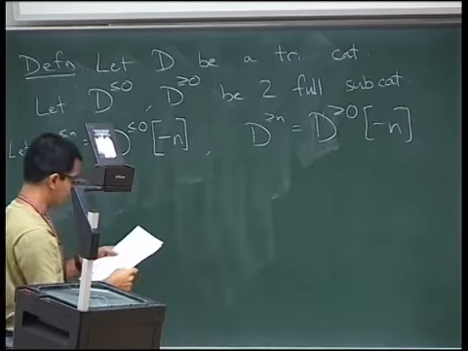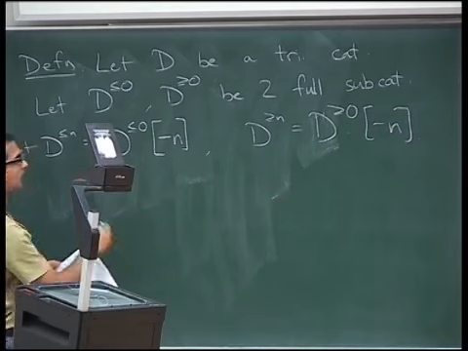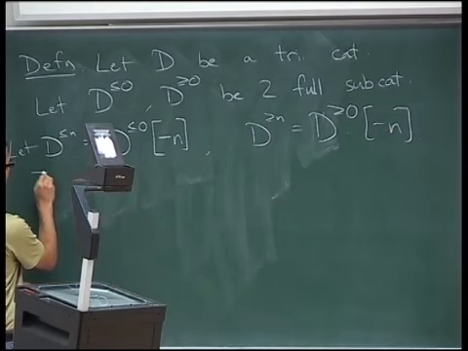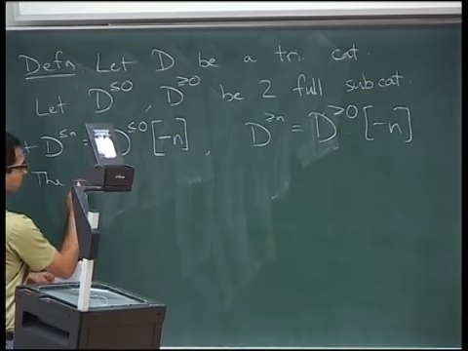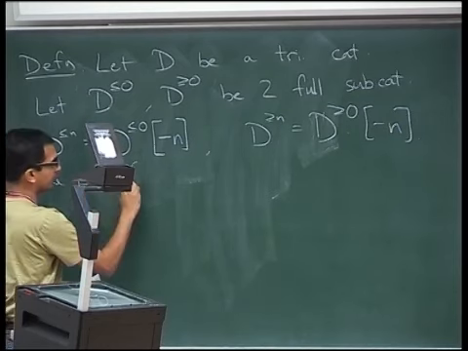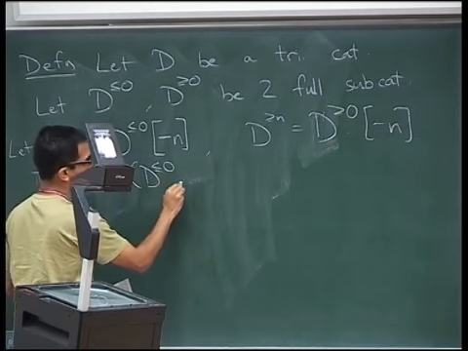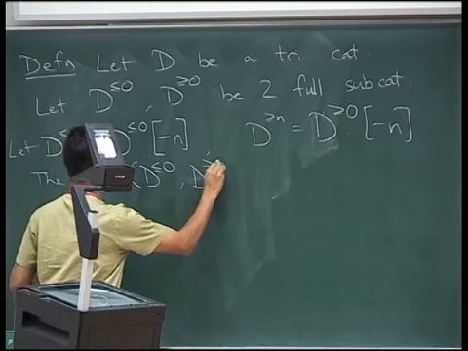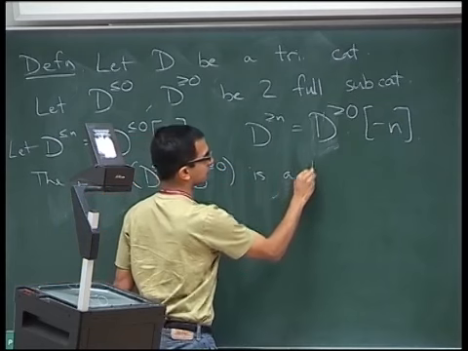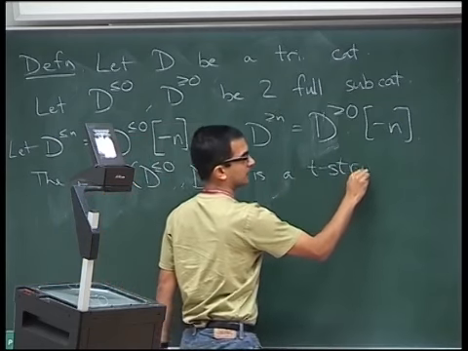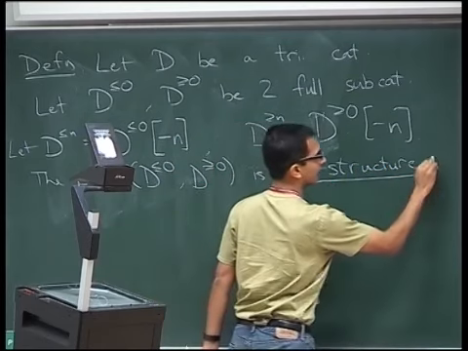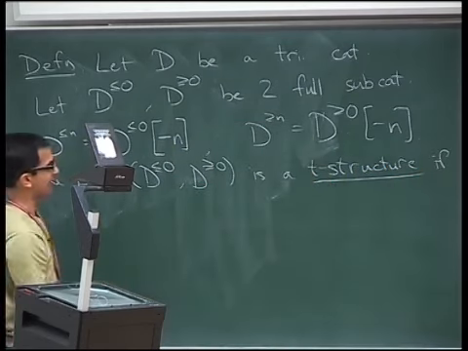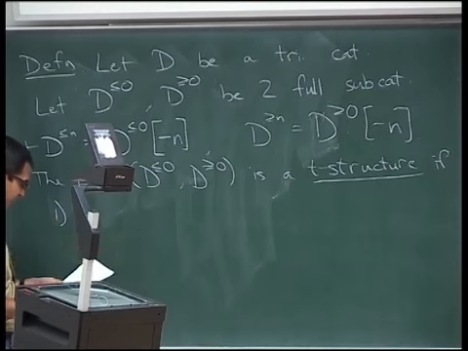Okay. So I'll go ahead and write down the definition, and then we'll look at a couple of examples. So the given pair of categories, D less than or equal to 0 and D greater than or equal to 0, is called a t-structure if the following three axioms hold. So the three axioms are like this.